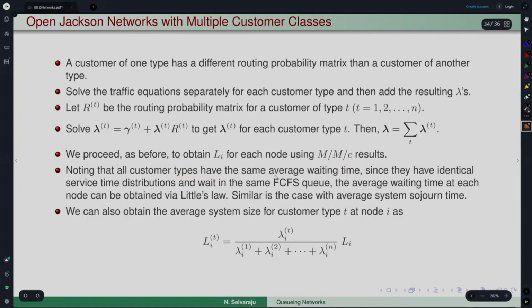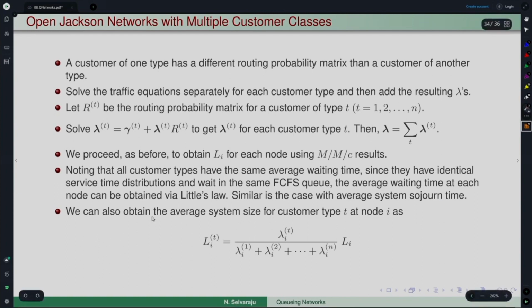So, they have the same average waiting time since they have identical service time distributions and wait in the same FCFS queue. The average waiting time at each node can be obtained via Little's law. And similar is the case with average sojourn time, the system-wide one.